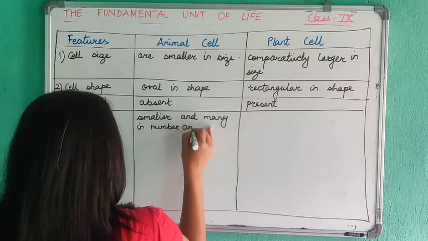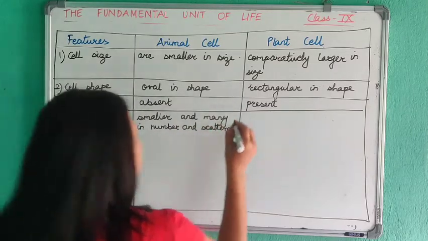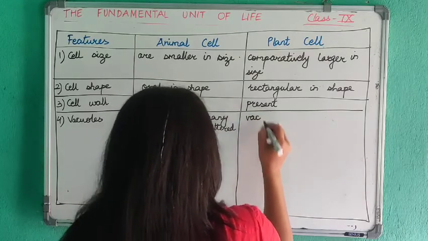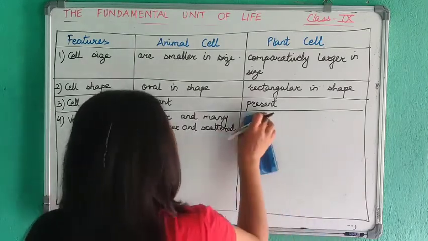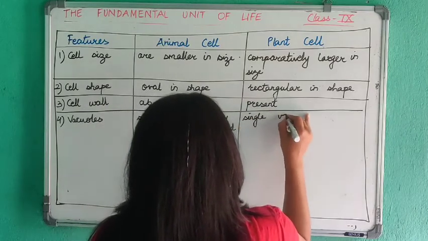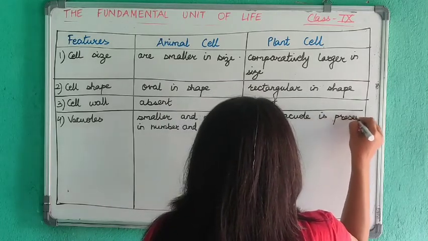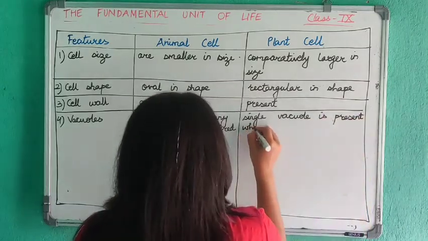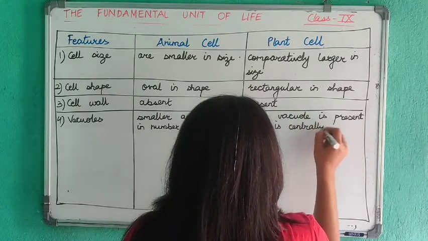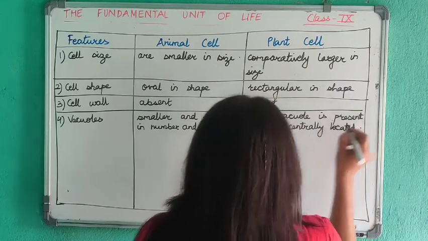But in a mature plant cell, only a single vacuole is present, which is centrally located. In a mature plant cell, there is one large vacuole in the center.